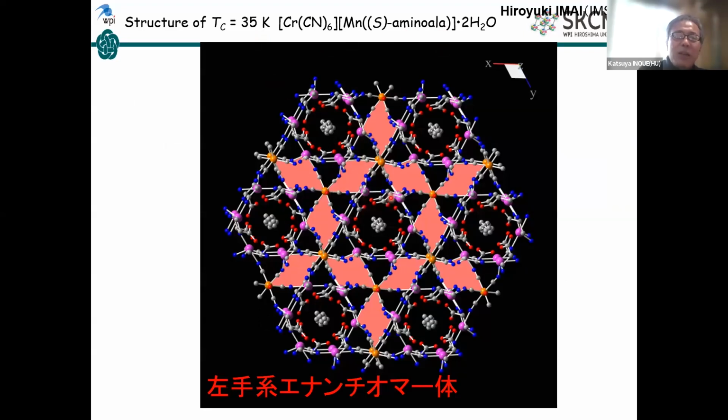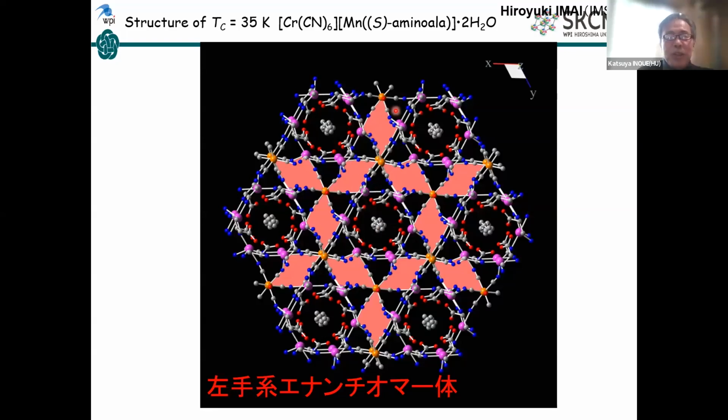And here is a triple strand helix, as I said before. This helix is left-handed, and this one is also left-handed. This rectangular helix has the same chirality.